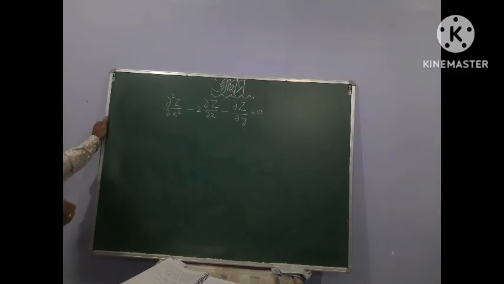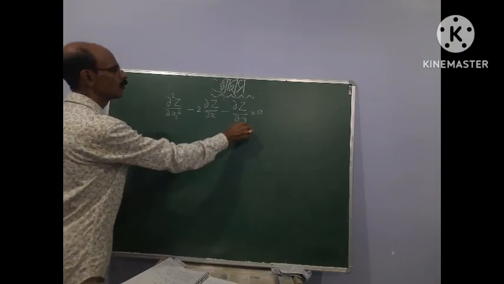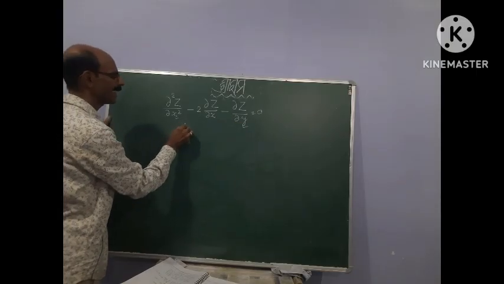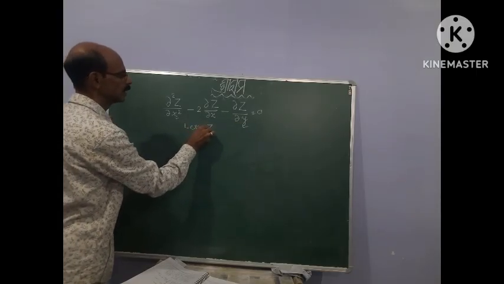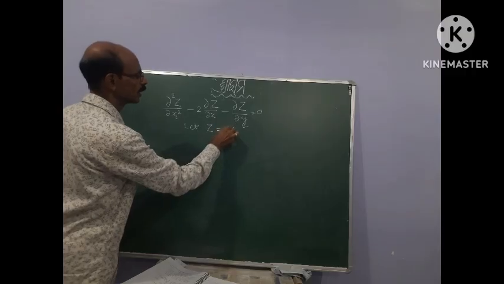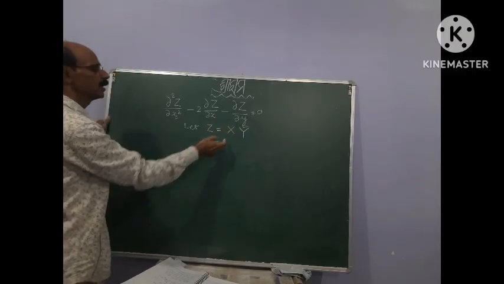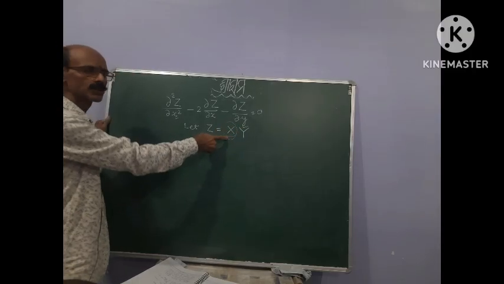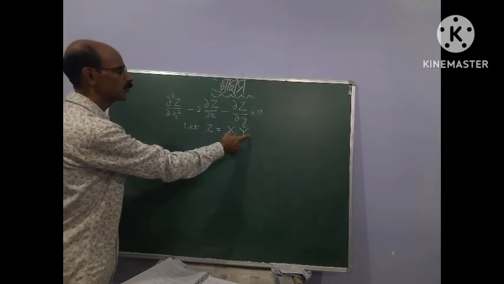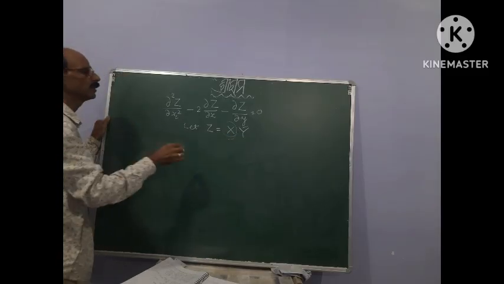This is the given equation. We have to solve this. Again there is x and y only, so let z is equal to X into Y, where capital X is a function of small x only and capital Y is a function of small y only.